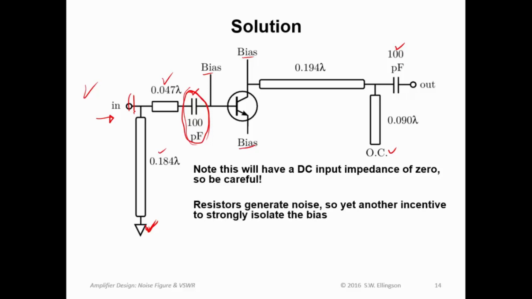Also note that resistors generate noise. So this is another incentive to strongly isolate the bias. What do I mean by that? Well, if I design the bias here and it has a bunch of resistors here and maybe here if I'm doing emitter degeneration, those resistors have noise. And the noise that those resistors contribute may or may not be significant. But this is an incentive then to do something clever.